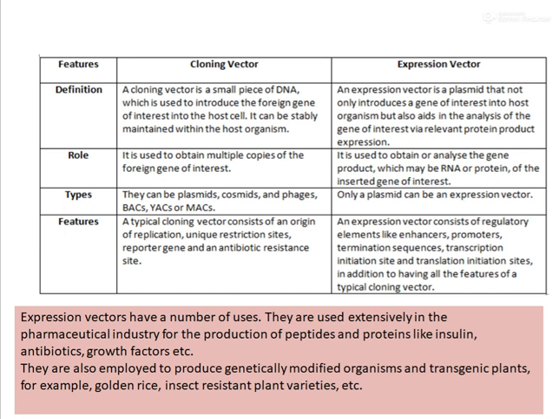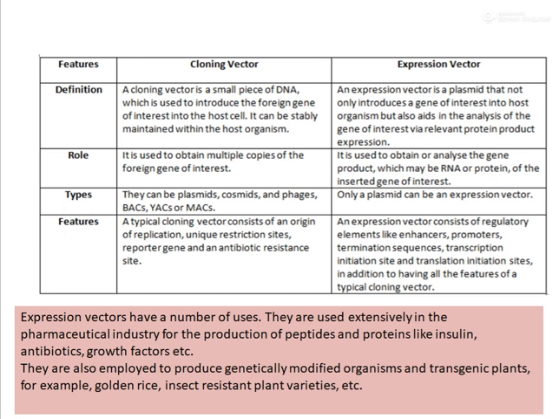A cloning vector is used to obtain multiple copies of a foreign gene of interest, whereas an expression vector is mainly used to obtain or analyze the gene product, which may be RNA or protein of the inserted gene of interest.